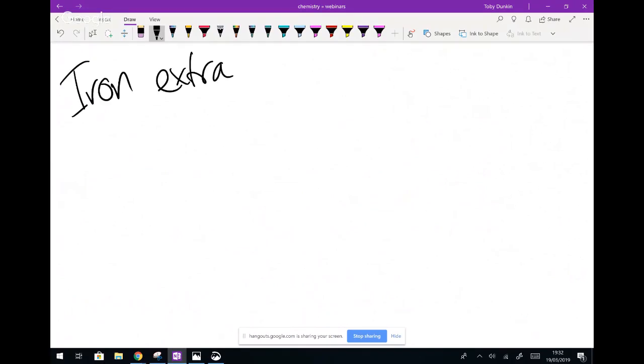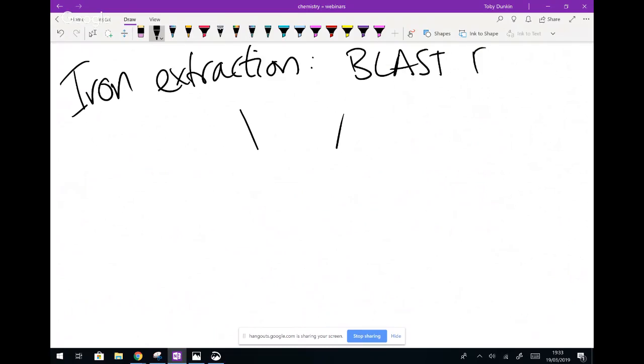So iron extraction requires me to have a diagram. I'm going to attempt to draw it. I could cut and paste it, but I actually quite like drawing it. It helps me remember. This is called the blast furnace. It's a lovely name. It was named because of a particular part of its structure.